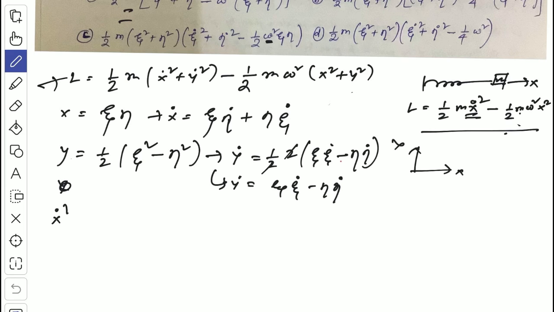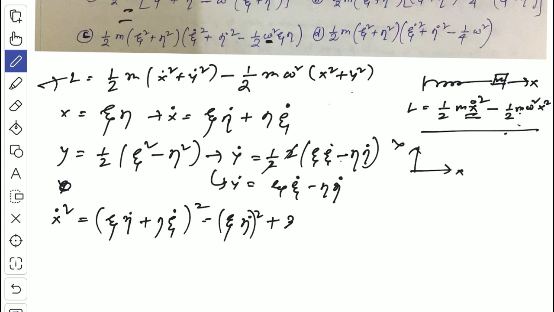Before that, let us find x dot square. So x dot square will be xi eta dot plus eta xi dot, whole square. If you expand it, you will get xi square eta dot square plus 2 xi eta xi dot eta dot plus eta square xi dot square. I made a mistake here, the xi dot should be there.